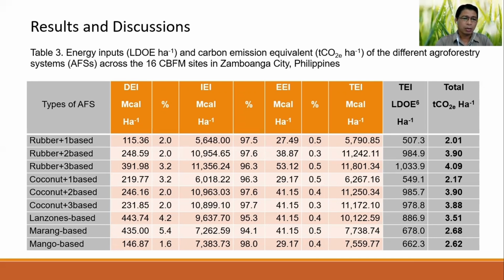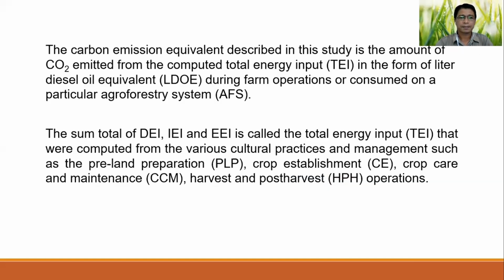So all of the 9 agroforestry systems accounted all the energy inputs from direct energy input to indirect energy input and embedded energy input. That makes the total energy input in LDOE and its total carbon dioxide equivalent per hectare in terms of carbon dioxide emission equivalents.